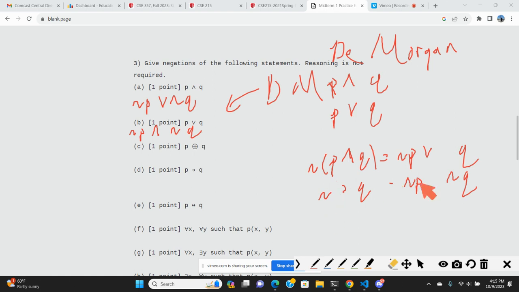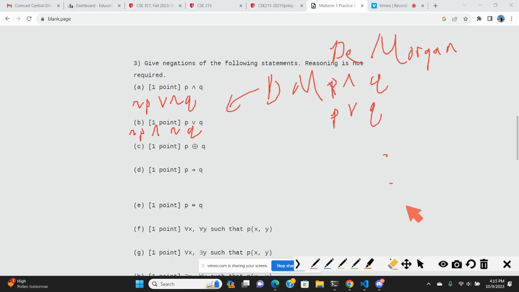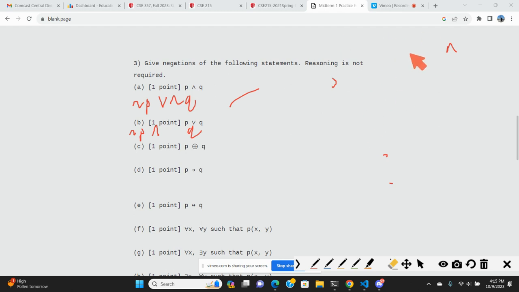Okay, so next we move into something slightly more involved, and this is the exclusive OR connective. Exclusive OR is different from the or in that the or only needs one of them to be true. But for an exclusive or, one of the two between P and Q has to be true, and the other one has to be false for it to be true. So the truth table of the exclusive or is given as follows.